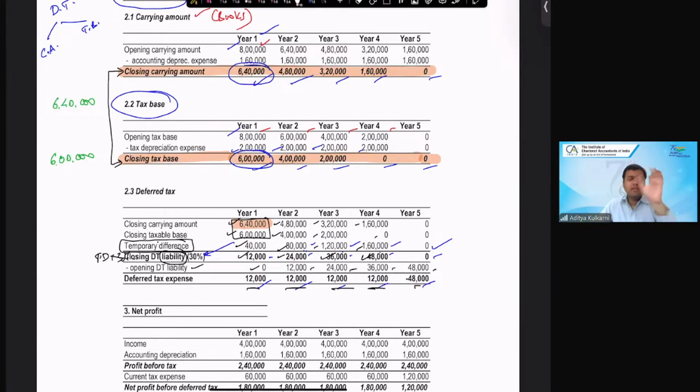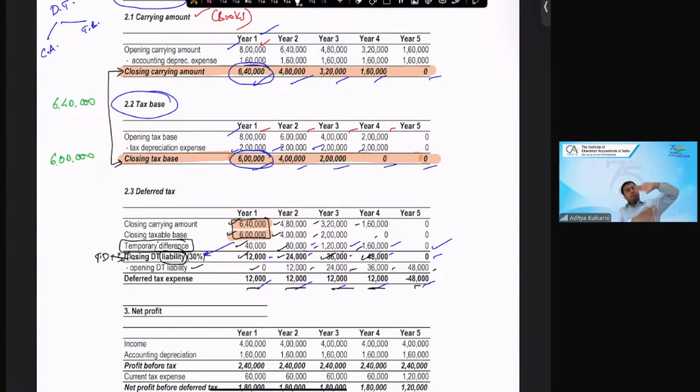Let us hypothetically assume that this is the last year of depreciating this asset. I'm keeping the matter simple. Now, against 10 lakhs, I have a book value of assets worth 6 lakh 40. But I have the tax WDV of 6 lakhs, correct?